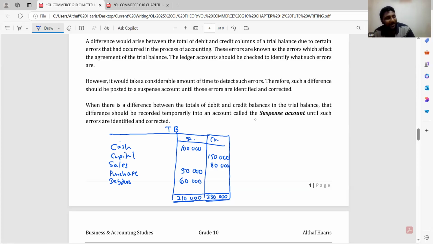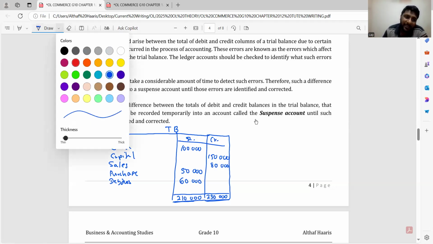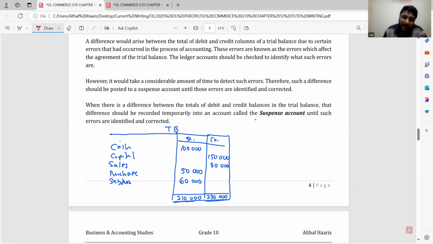The accounts are wrong because the trial balance is not balancing. So what is the missing value? In the debit side, 20,000 is missing.